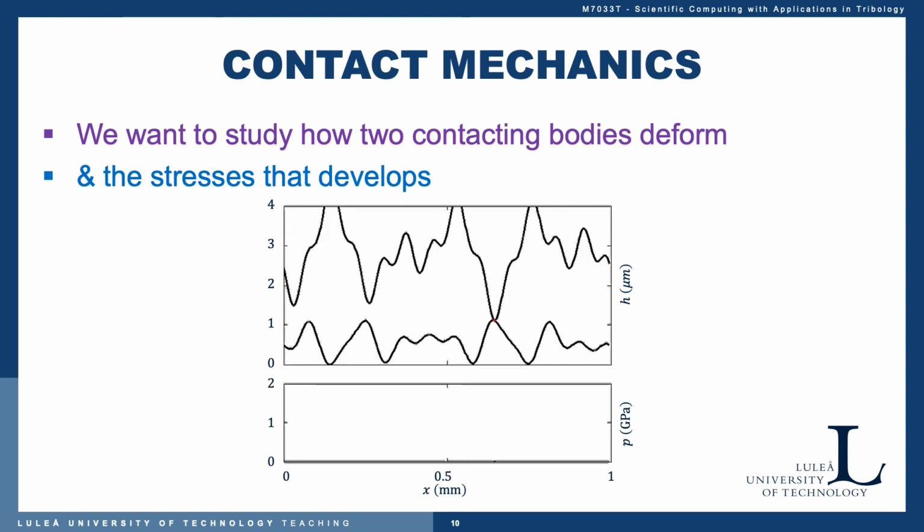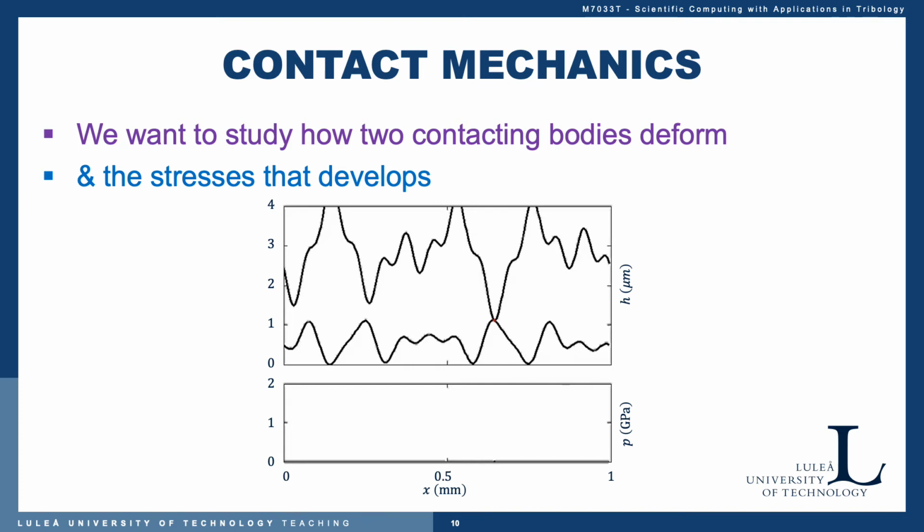Needless to say, it's very important to also study the associated stresses that develop, and in this window we will soon see the normal stress developing as we load the surfaces together. So they only touch each other here at this initial contact point, and therefore we can only see a small notch here on the x-axis of the pressure window.